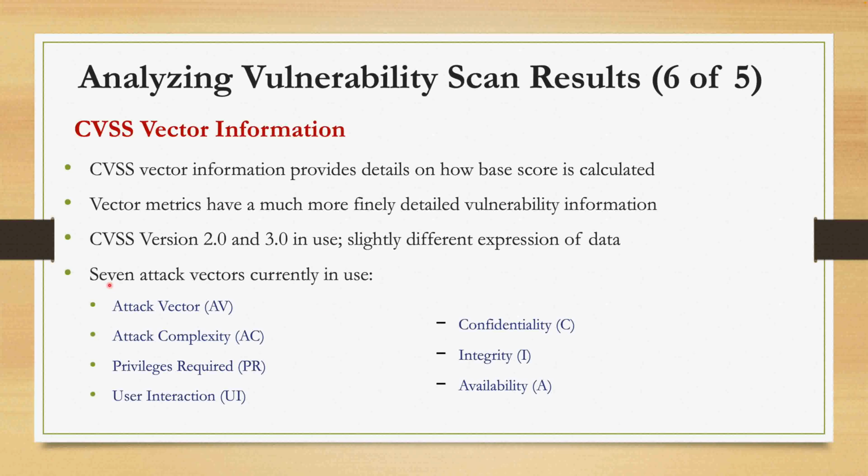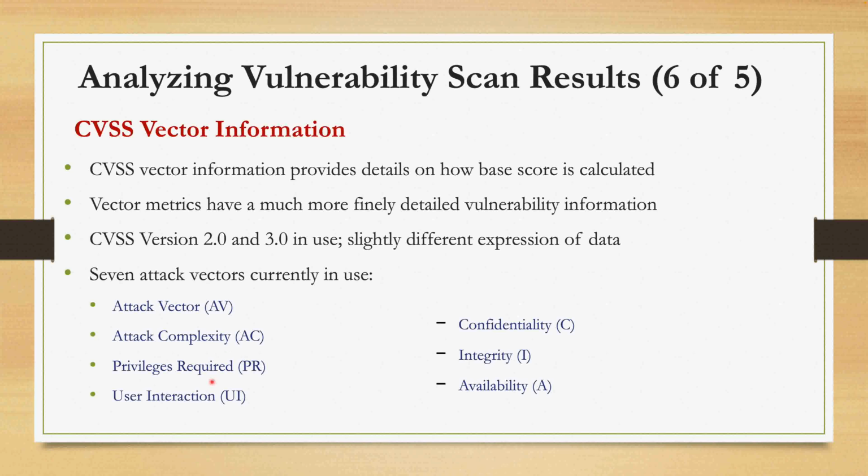Now, there are 7 attack vectors currently in use. The first one here is the attack vector, AV, which describes where the threat originates, like via network, local access, or physical. Attack complexity indicates how difficult it is to successfully exploit the vulnerability, whether it requires special conditions or not.